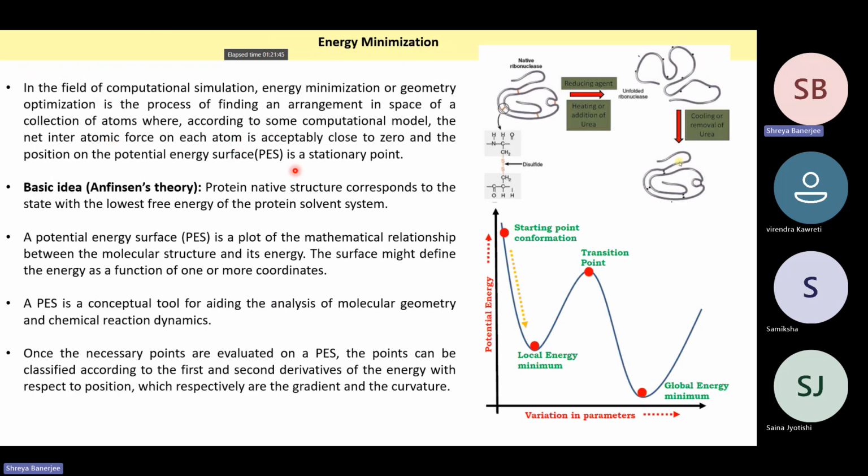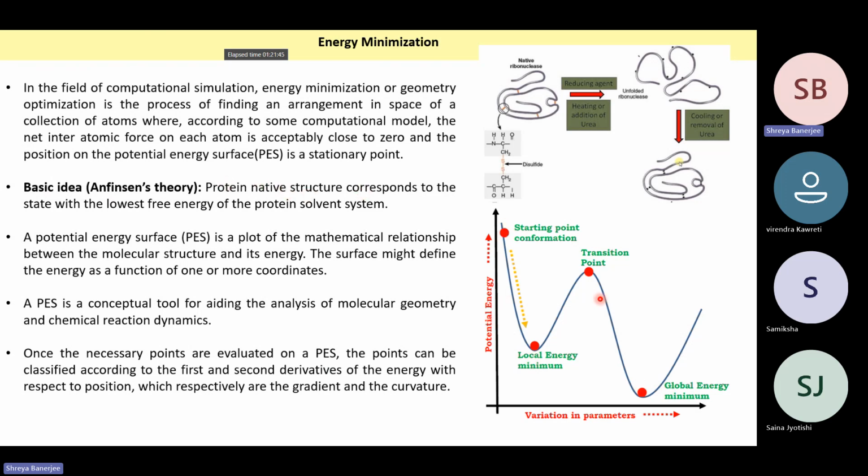Now, we saw how to calculate the total energy. Now it is about the potential energy surface. The basic idea, which was Anfinsen's theory, was that the lowest energy state is the protein's native state.